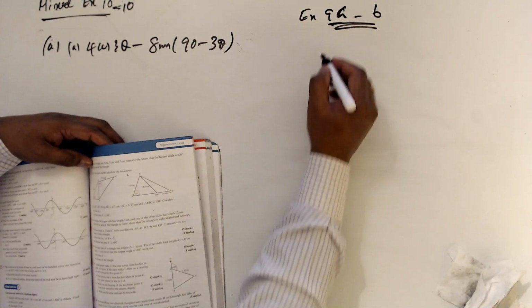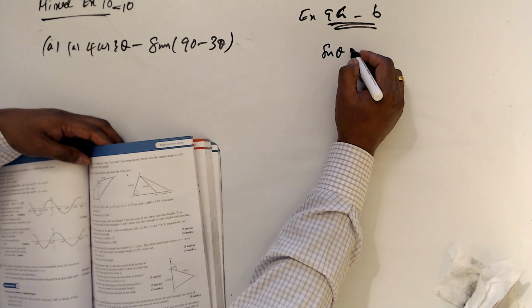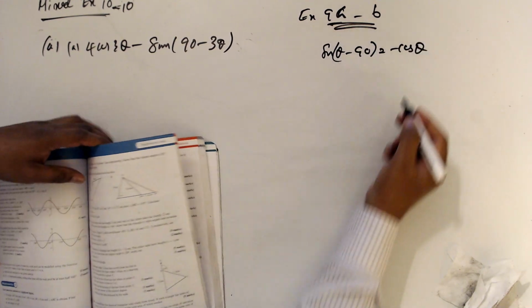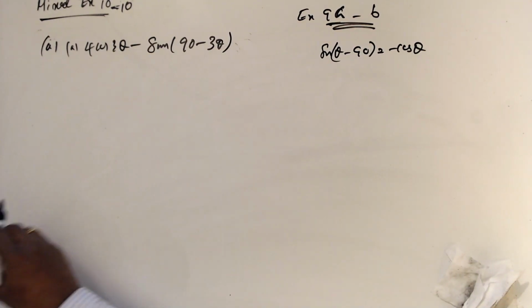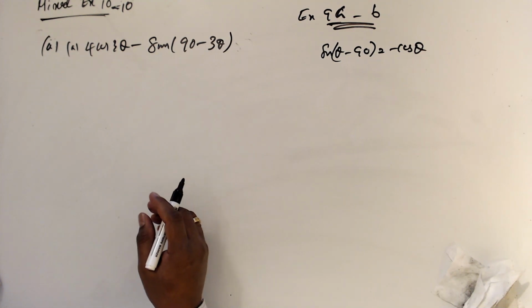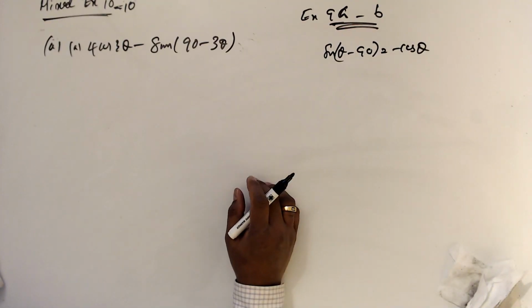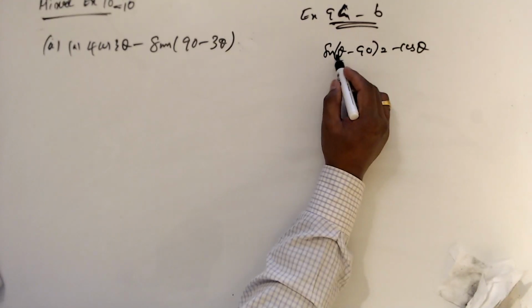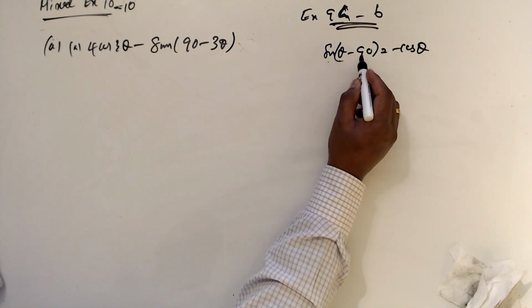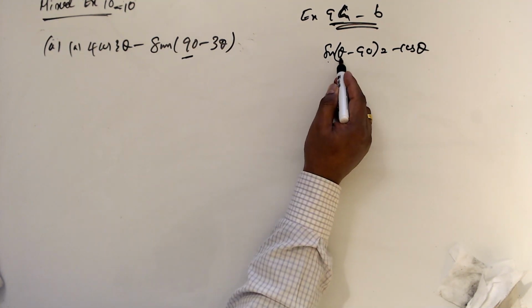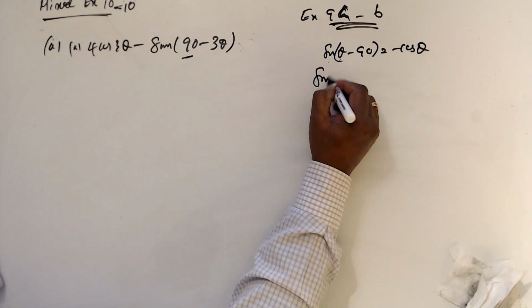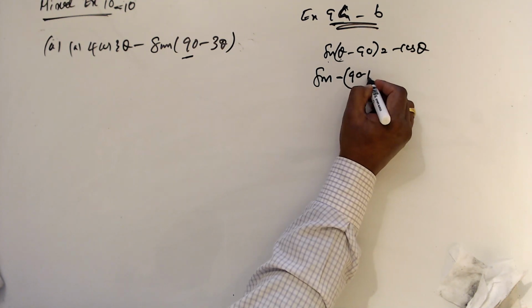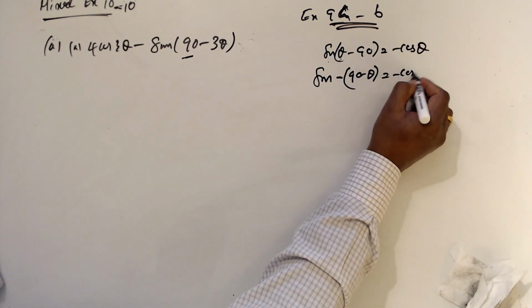There's a question: sine of theta minus 90 equals minus cos theta. I want the 90 first, so I will take the minus out. Then this is sine of 90 minus theta equals minus cos theta.